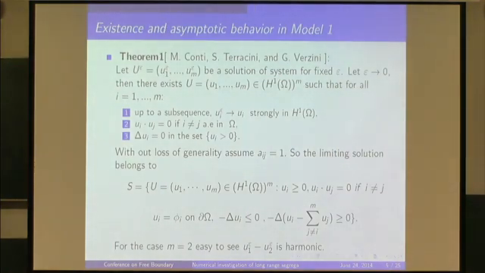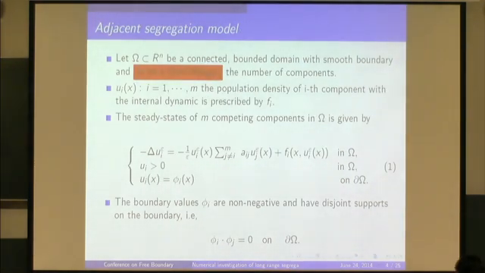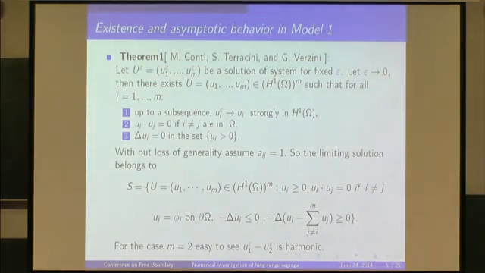First, for each fixed epsilon, there exists a unique solution for the system, and when epsilon goes to 0, there is an m-tuple u1 to um such that we have strong convergence, up to a subsequence, ui epsilon goes to ui.